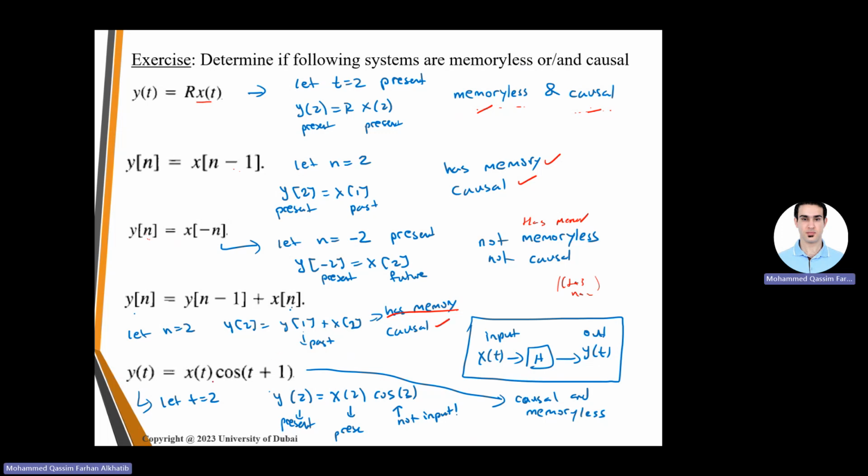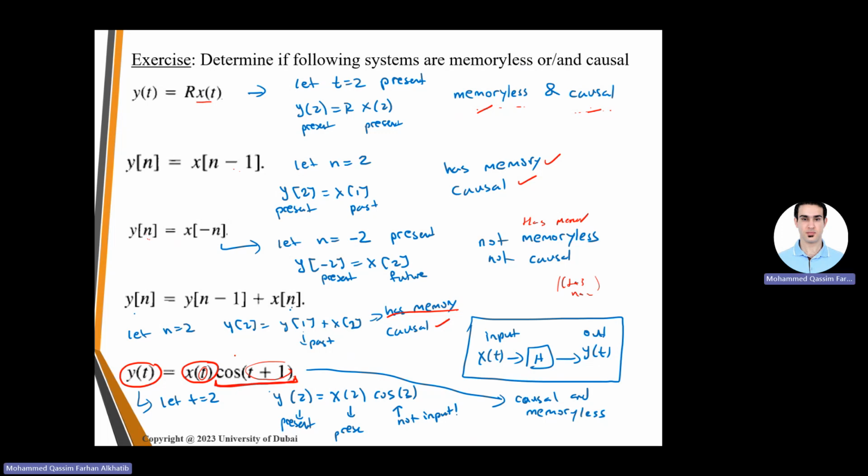This one here is of importance because you focus only on the values of t. Now, does it depend on past values? So I have y of t equals x of t plus x of t times cosine of t plus 1. Now, remember, what is the focus? It is the relationship between input and output. So here is my input, and here is my output. Now, someone might ask, what about cosine of t plus 1?